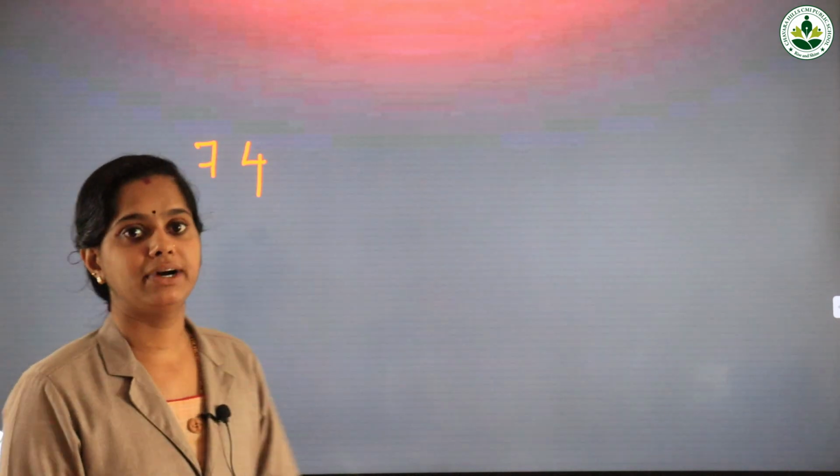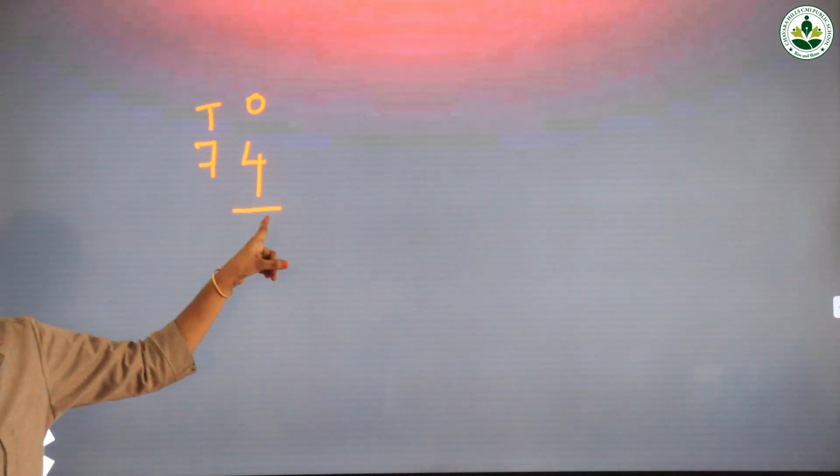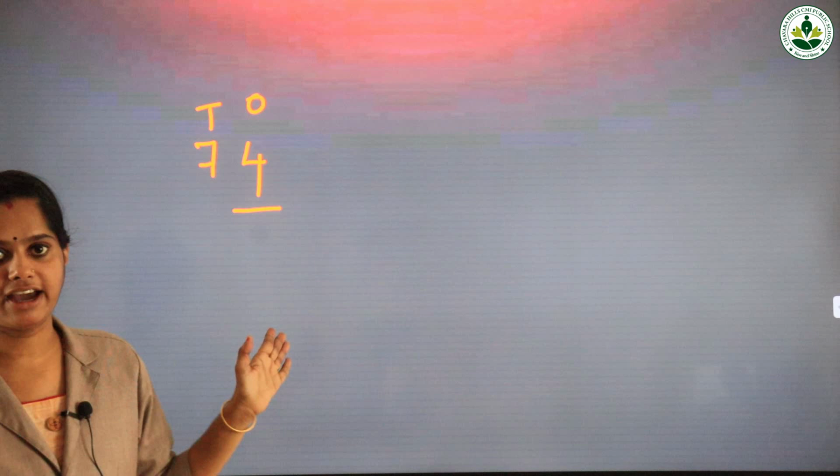Another example. 74. Round off the number 74 to the nearest 10. For this, first we look at the digit in the ones place. Here we can see that it is 4. We know that 4 is less than 5.